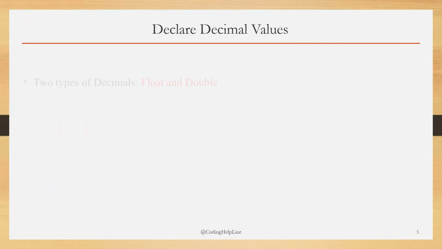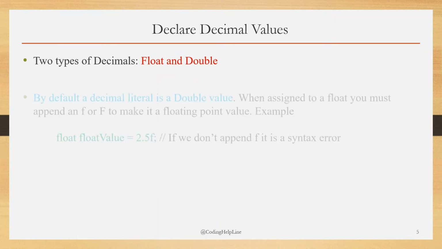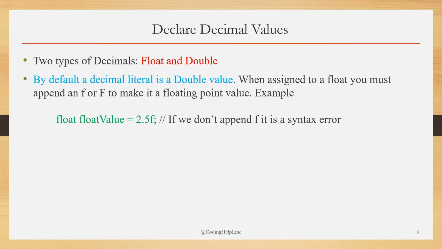Declare decimal values. There are two types of decimal data types in Java: float and double. By default, a decimal literal is a double value. When assigned to a float, you must append an f or capital F to make it a floating point value. For example, if you declare float value 2.5, you must append f or capital F to make it a float value.